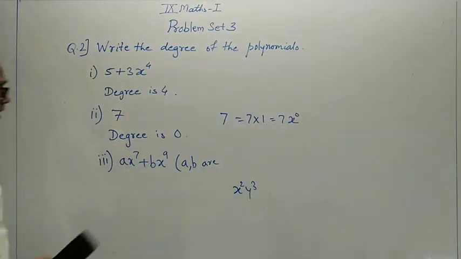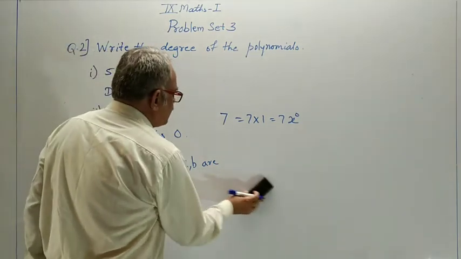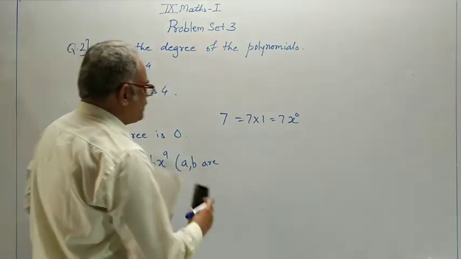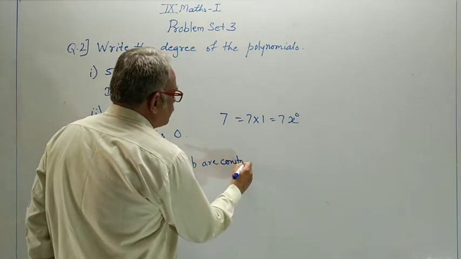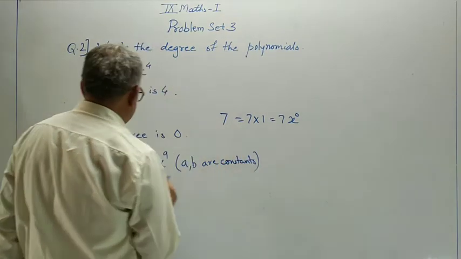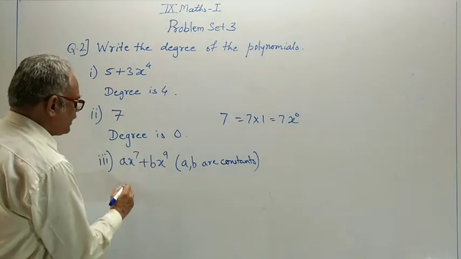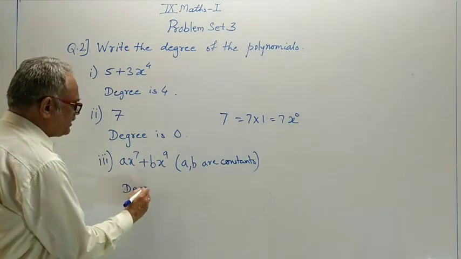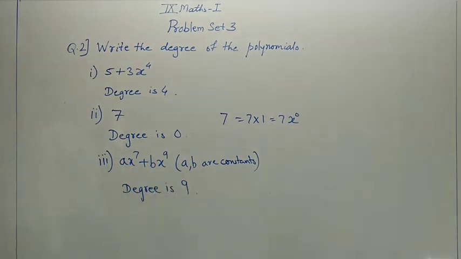So we should not consider a x raised to 7 as 1 plus 7, 8, etc. Those are not variables. Therefore, degree means the maximum index of variable x only. Here it is 7, here it is 9. Maximum is 9. Degree is 9. Neatly write it.